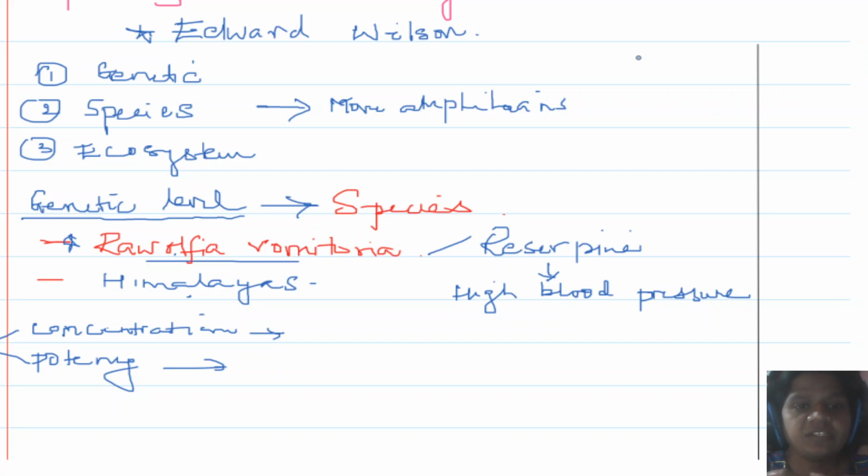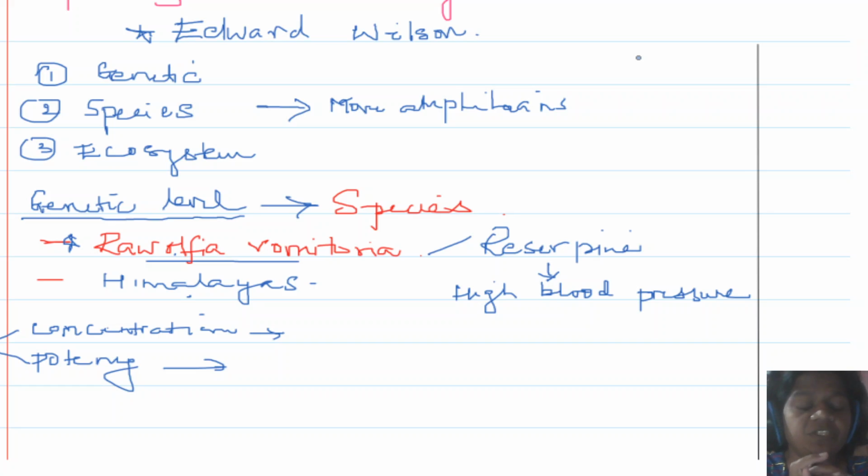So biodiversity has three levels: the genetic level, the species level, and the ecosystem level. The genetic level is within the species. At the species level, you're talking about different taxa, a wide variety depending on the habitat. Like if you take the Western Ghats, you find more variety of amphibians than in the Eastern Ghats.